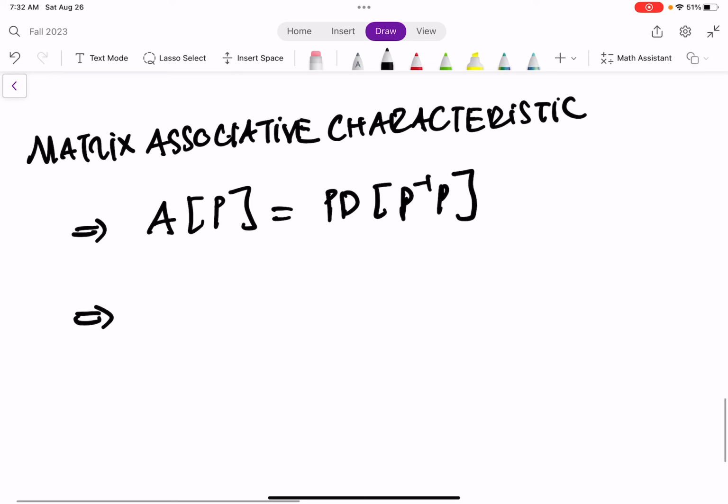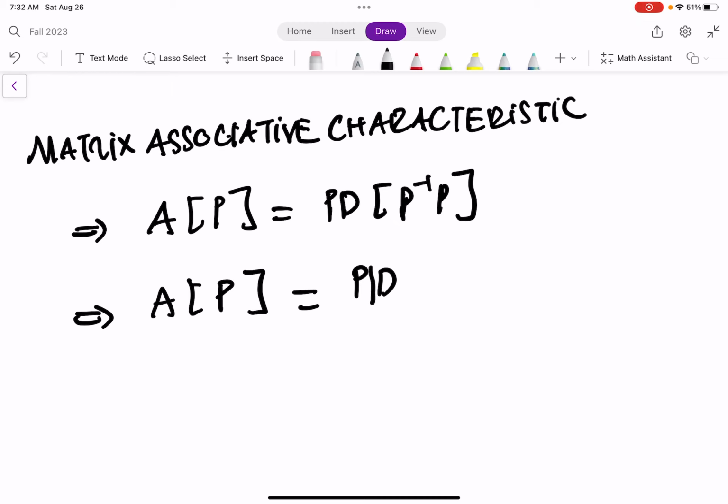So that implies that applying matrix A to matrix P is equal to applying matrix PD to P^-1 P, and P^-1 P becomes I, the identity matrix.